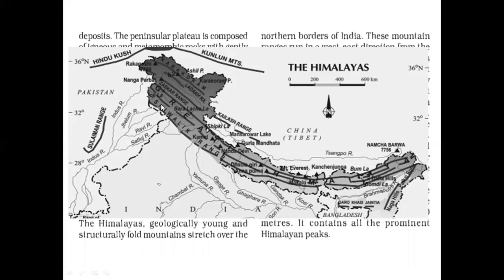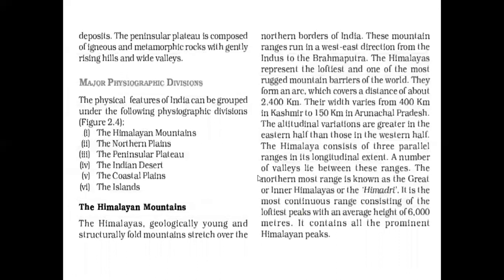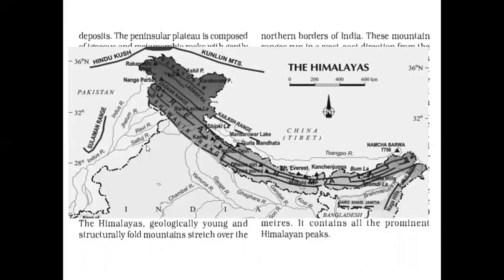Now, coming to the outer or the Shivalik range, these are composed of sediments, gravels and alluvium. Between the Shivalik and Himachal, there are duns, known as Dehradun, Kotli Dun and Patli Dun.